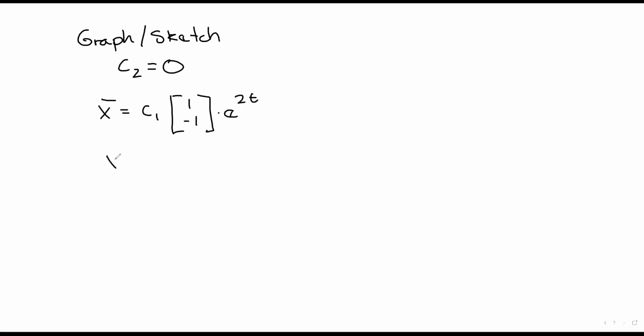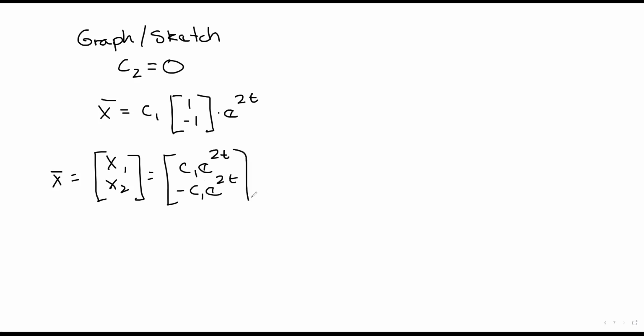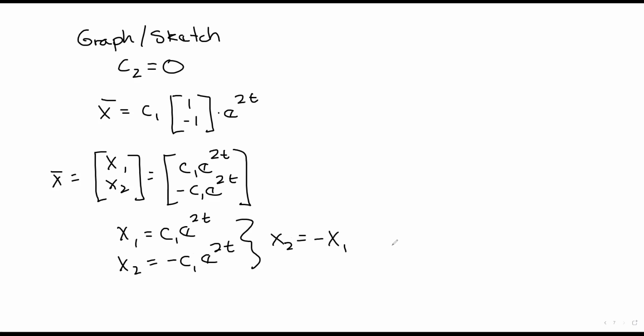This gets us x equals (x1, x2), which equals (C1 e to the 2t, negative C1 e to the 2t). And so we get x1 equals C1 e to the 2t, x2 equals negative C1 e to the 2t. And if you put these together, that tells us that x2 equals negative x1.